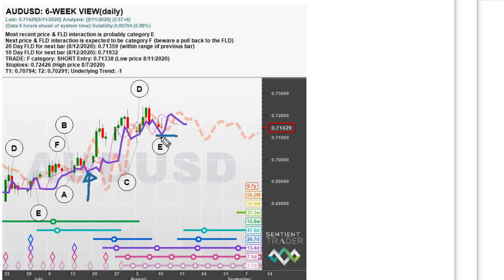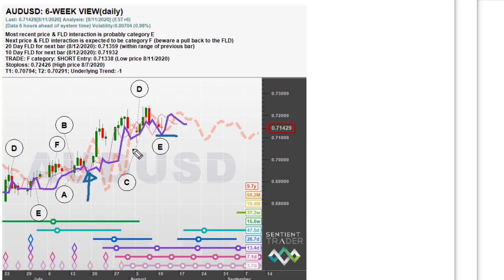I'd want to see some strong indications of bearishness before jumping into a bearish trade. Of course, an F category short trading opportunity should be a good one, but when you have a very long cycle trough that has formed recently in the markets, then it's certainly something to be treated with caution.